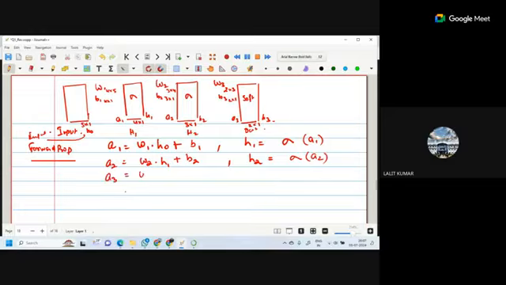A3 is W3 dot H2 plus B3, and H3 is softmax of A3. Is this clear? Any doubt? And we'll solve this question also.